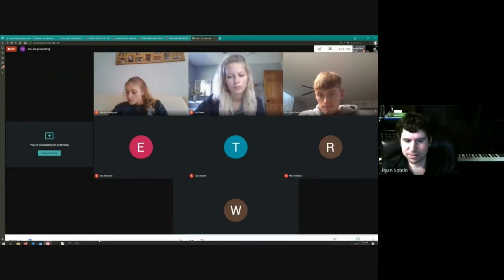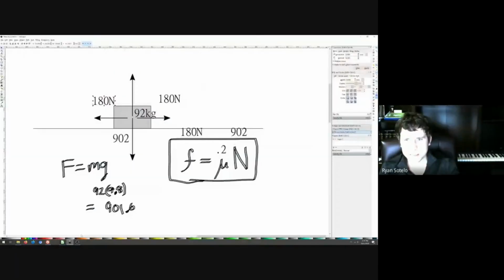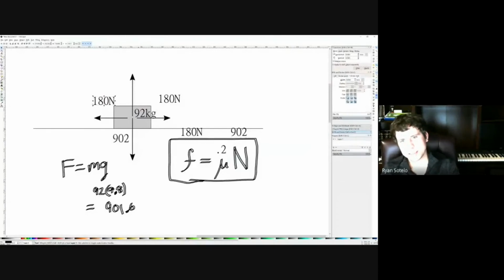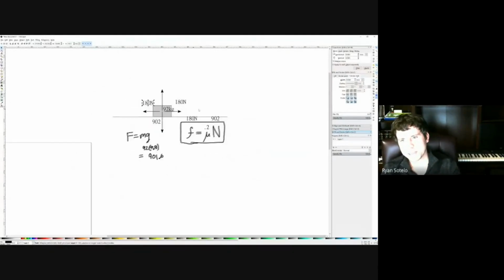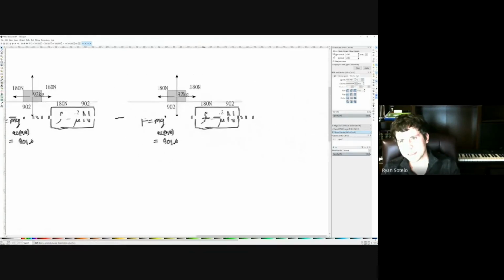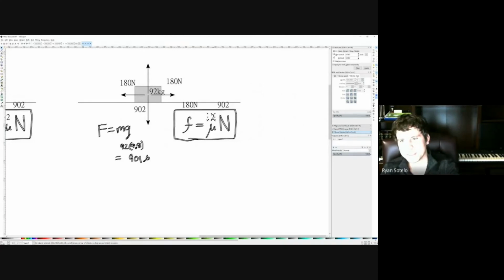So where am I? All right. I'll make a new picture, I guess. I'll get rid of all the numbers now. All right, so it is not one of these straight across forces.